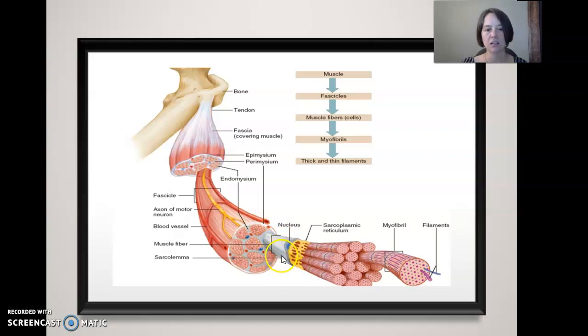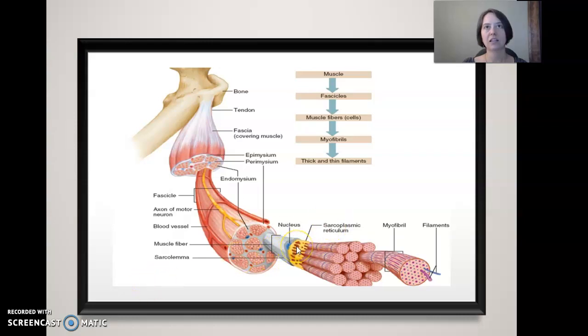And then that muscle cell, you could break it down even more. You can see it's multinucleated, and this thing called the sarcoplasmic reticulum, which is like the endoplasmic reticulum in other cells, but it has a slightly different function.